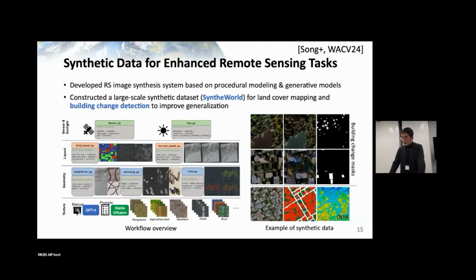And we built the data for a bit more advanced tasks like building change detection. And also we are interested in estimating height information, not only semantic information, but digital elevation models are also in our scope.